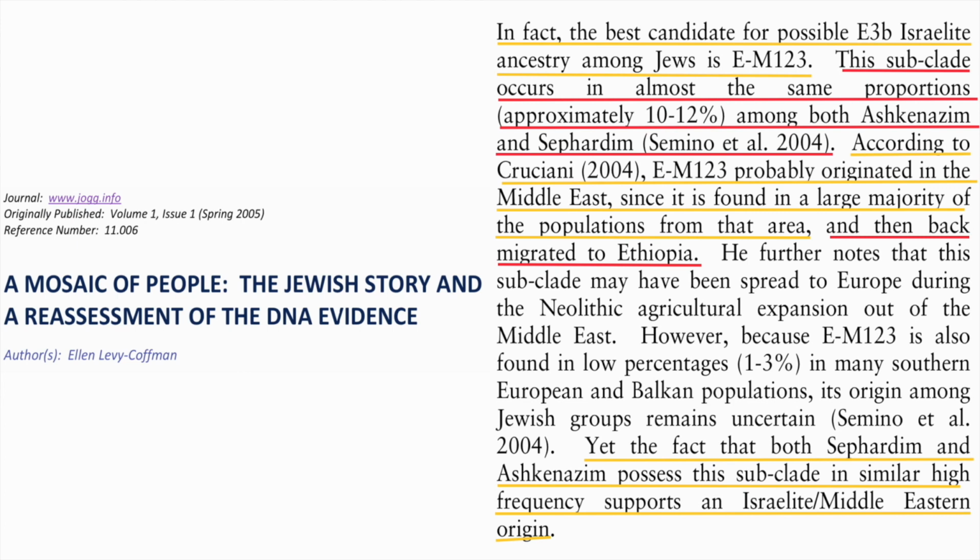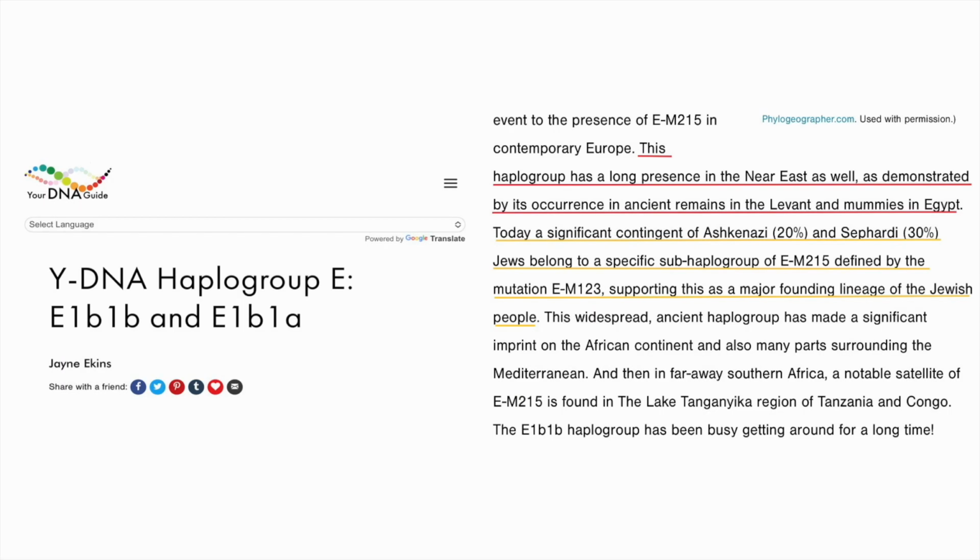According to Christiani in 2004, E-M123 probably originated in the Middle East, since it is found in a large majority of the population from that area, and then back migrated to Ethiopia. Yet, the fact that both Sephardim and Ashkenazim possess this subclade in similar high frequency supports an Israelite/Middle Eastern origin.